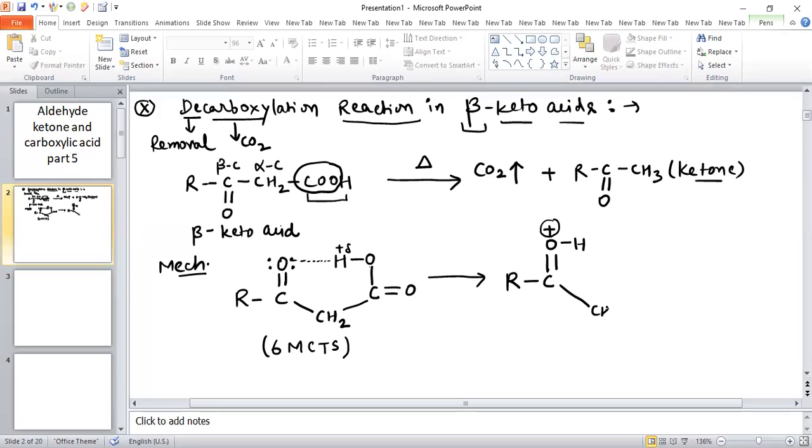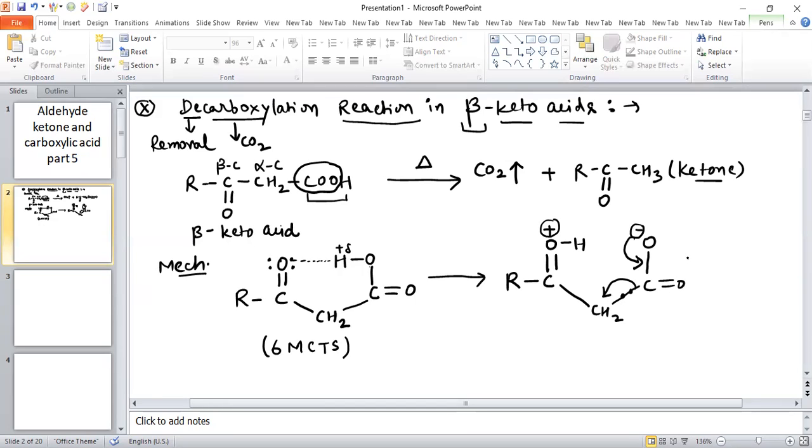In the same way, you can see what happens. This is C double bond O, and on this oxygen there is a negative charge. When this negative charge shifts there, this electron pair, because 5 bonds would be formed, 1, 2, 3, 4, 5, so this bond will shift onto this carbon atom. So CO2 gas is released.